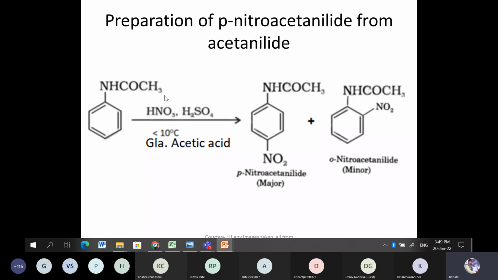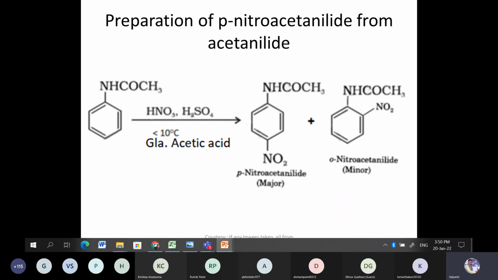This NHCOCH3, as per the mesomeric effect, the inductive effect and the resonance effect, acts as an ortho-para directing group. And second, this group is a ring activating group. Ring activating group means it gives electrons to the ring, so the ring gains negative charge.